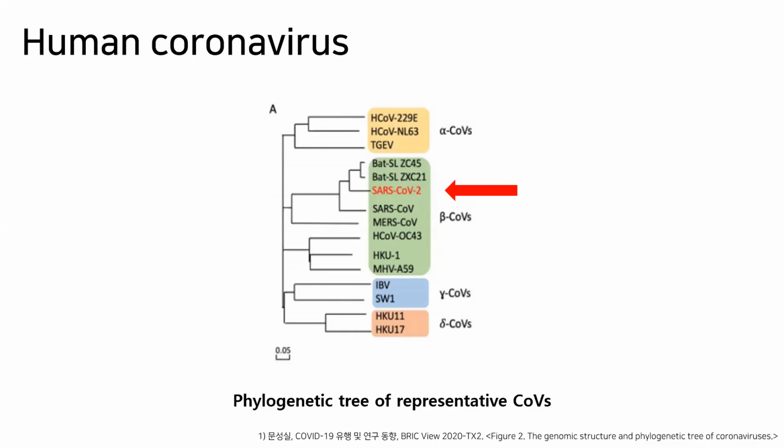MERS is also contained in the beta coronavirus. Scientists took the differences between those kinds of diseases and found that some of the genetic materials differ from the original one, and they defined those as the mutation types of the coronavirus. I will tell you the detail of it.